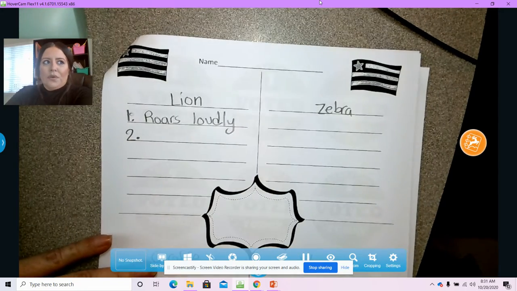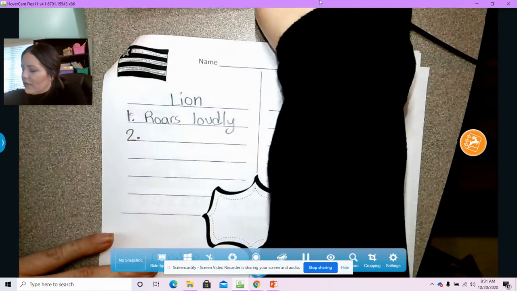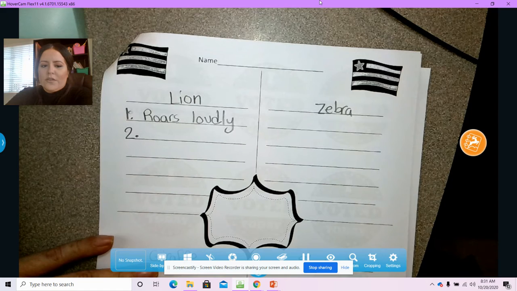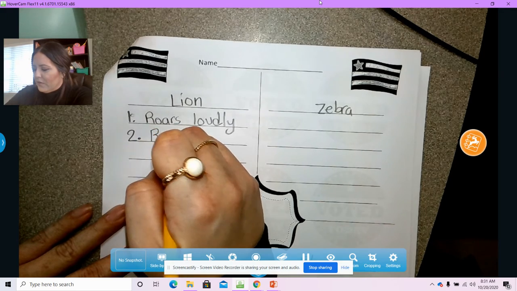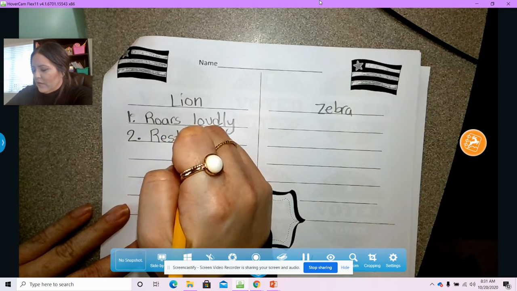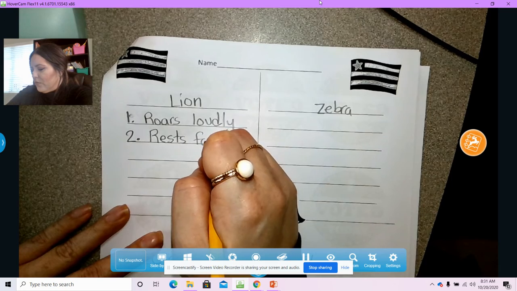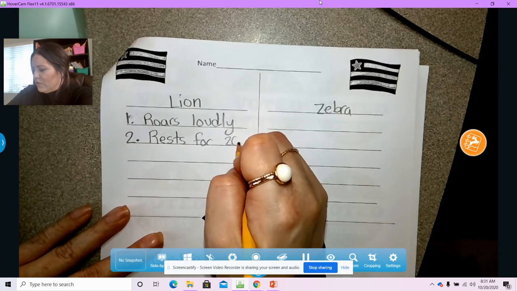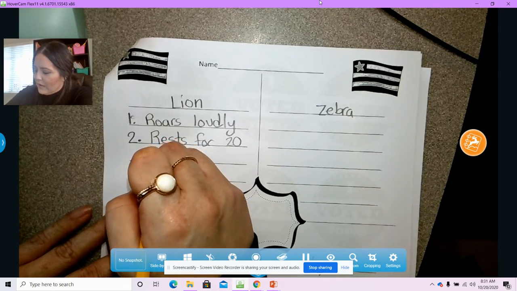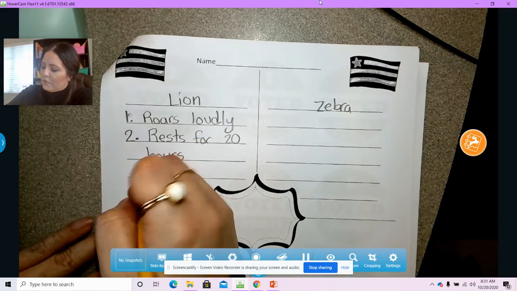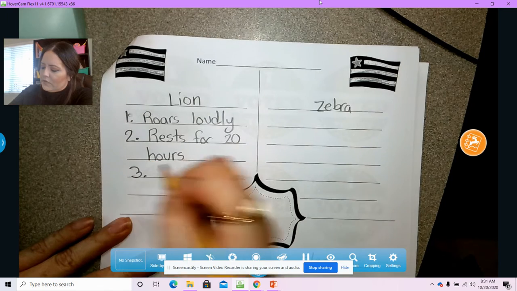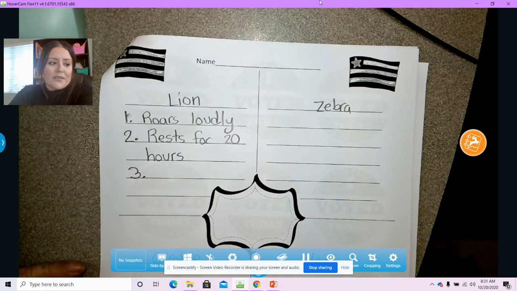We also know that the lion rests for 20 hours. Okay, and let's do one more fact about the lion. What else do we know about the lion?